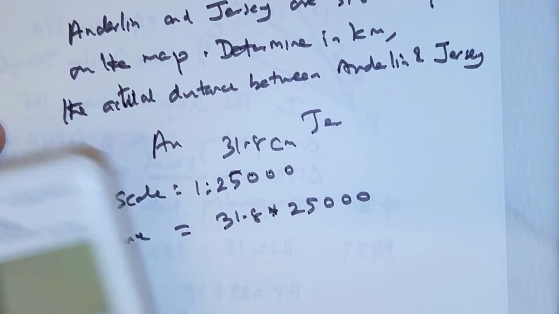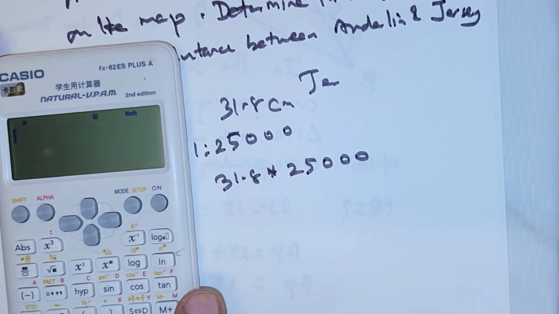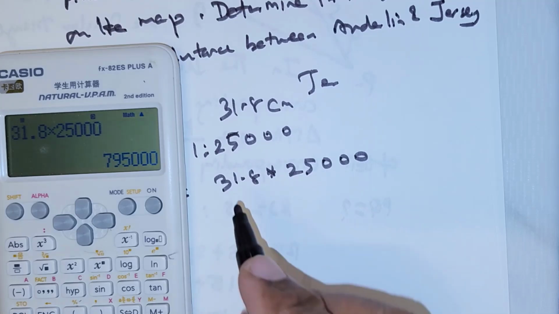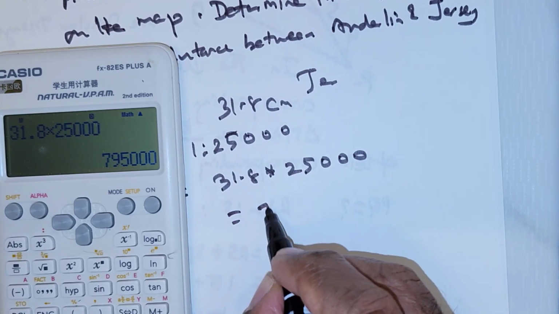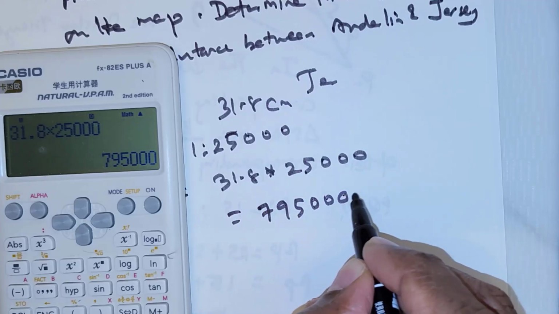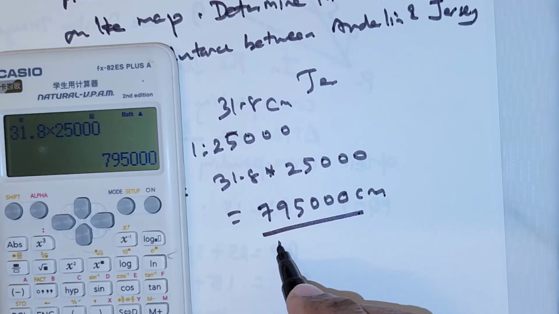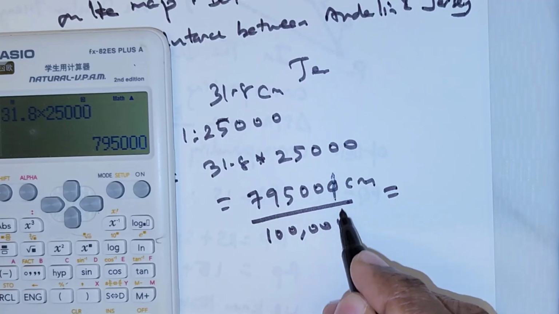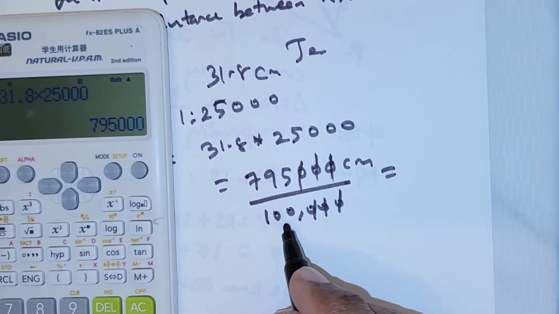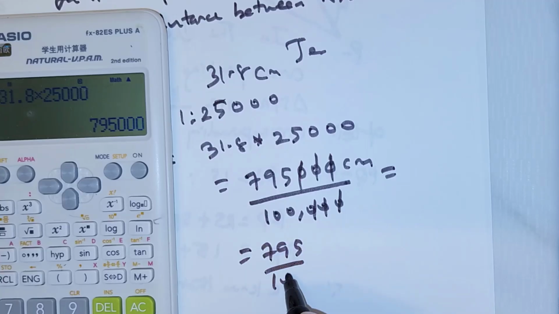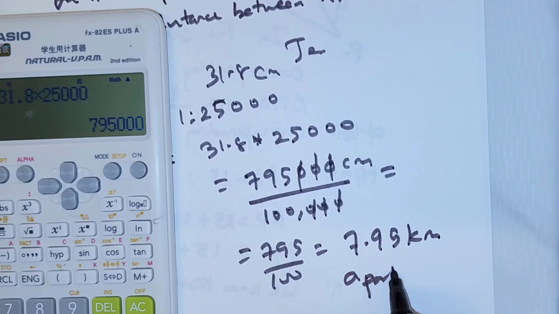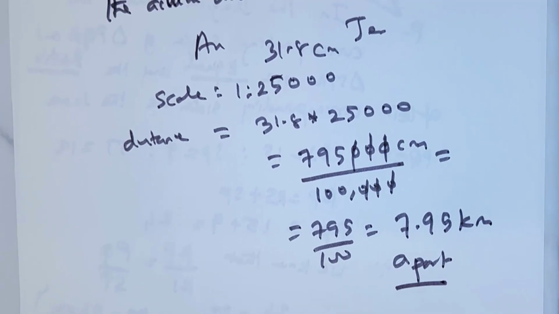You take your calculator and perform 31.8 times 2500, and you get 795,000 cm. You divide this by 100,000 to get the value in km. So 000 goes up and you get 795 divided by 100, which is nothing but 7.95 km apart. Okay, so that is the solution for this question.